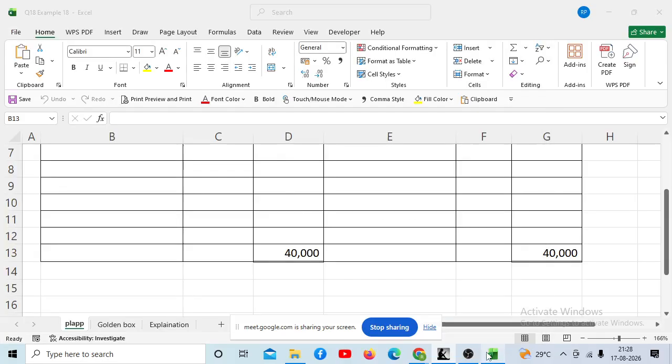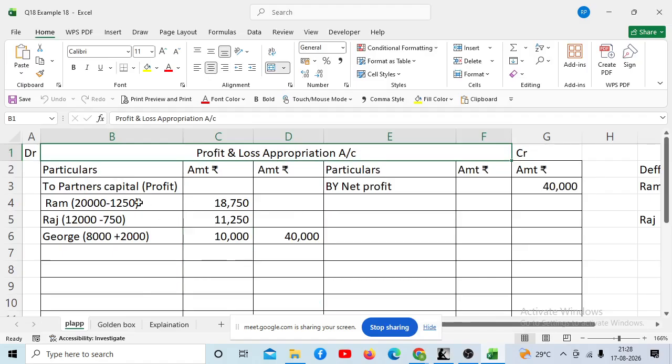Okay. So what we will do, we will prepare profit and loss appropriation account, right? So just prepare this profit and loss appropriation account.